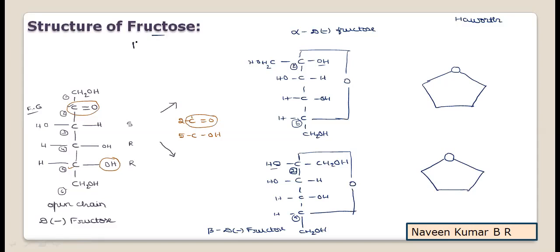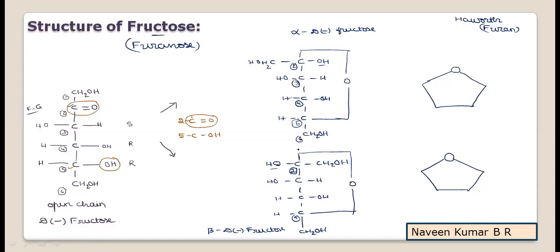In fructose, as a furan ring is seen, it is a furanose due to the presence of the Haworth ring as a furan ring. After considering this, starting from this carbon, you try to give the numbers in the cyclic ring also. It is the 2nd carbon, 3rd carbon, 4th carbon.